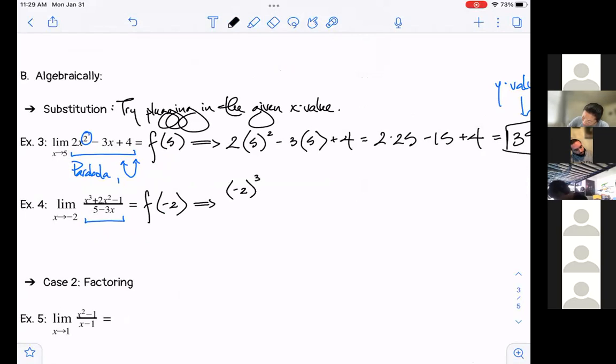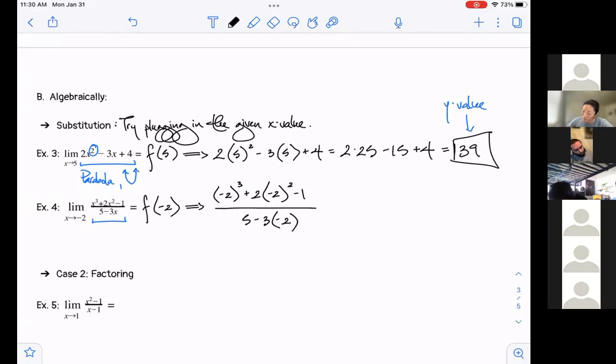Plugging in -2 everywhere. And I choose this example because I know that negatives, sometimes the brain forgets about the negatives. And we really want to make sure we're practicing that accuracy piece, right? So in fact, this -2, when I cube it, is going to give me a -8.